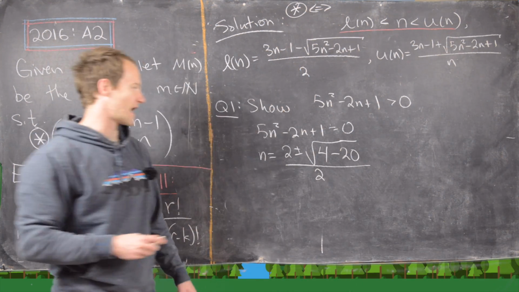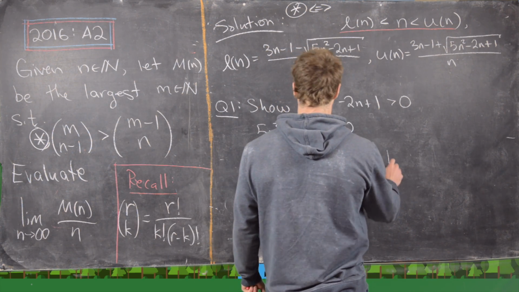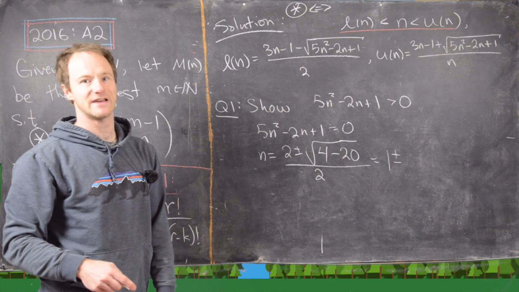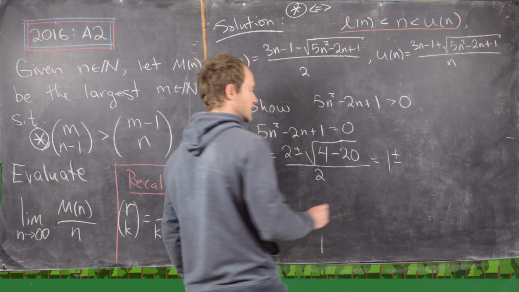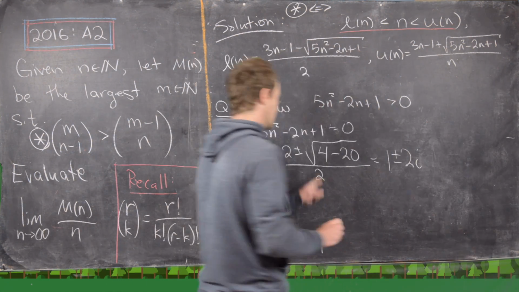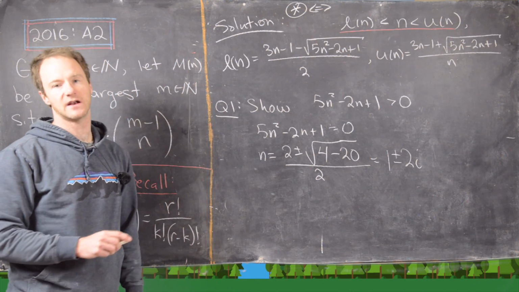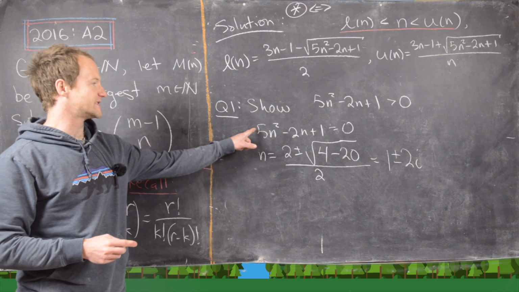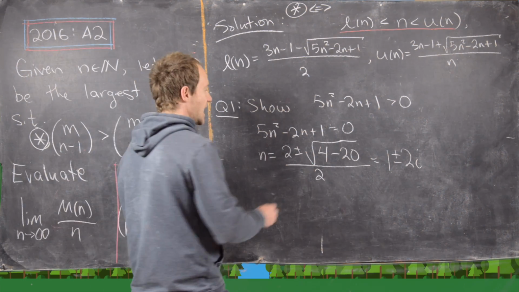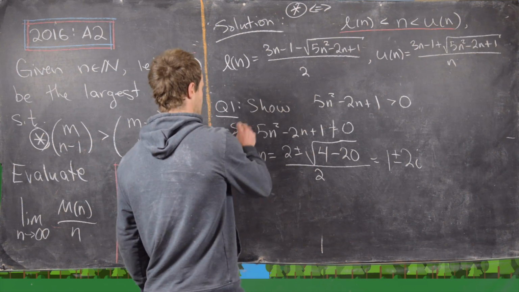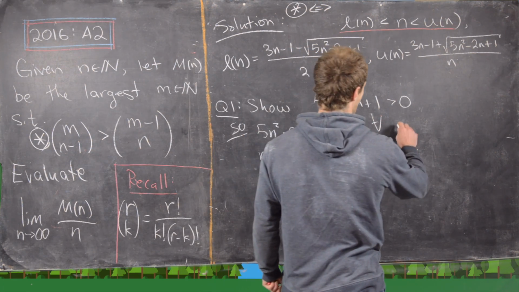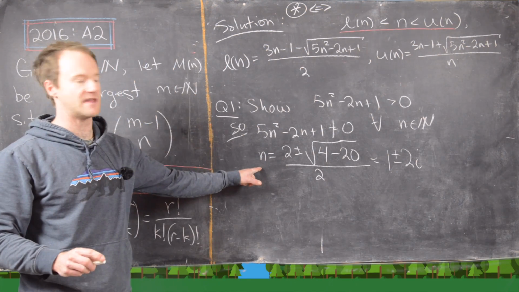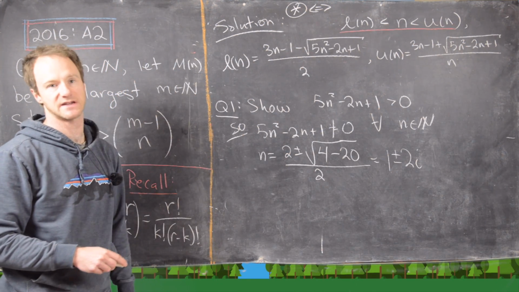Now notice that this is equal to 1 plus or minus, this is the square root of negative 16, so that's going to be 4i over 2, which is 2i. Okay, great. So what that tells us is that this is not equal to 0 for all n in the natural numbers, because the only n that make it equal to 0 are complex numbers.